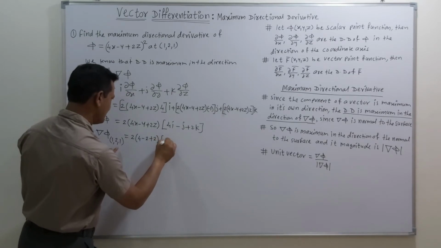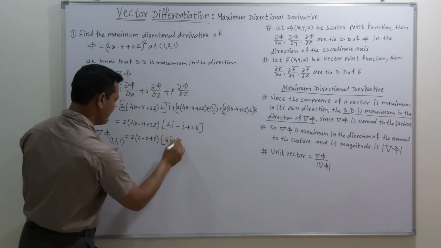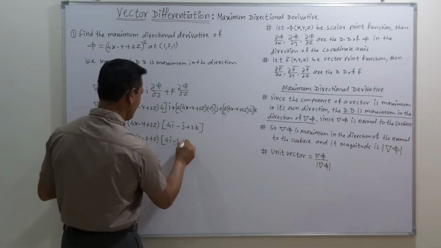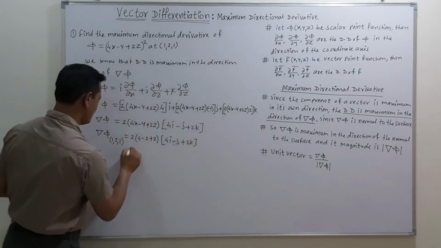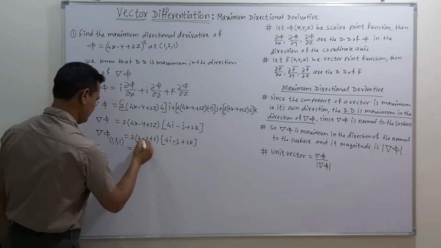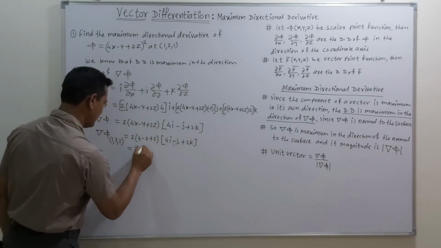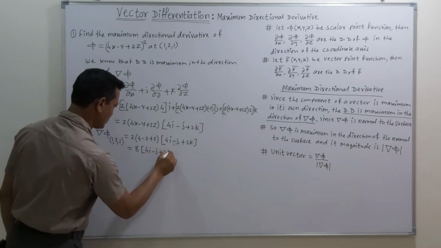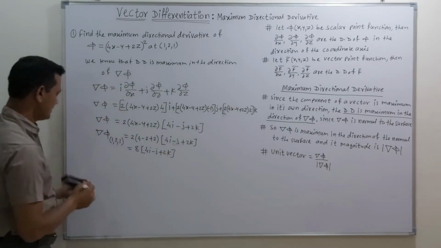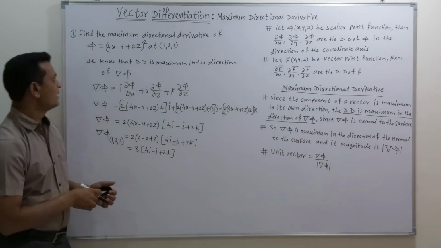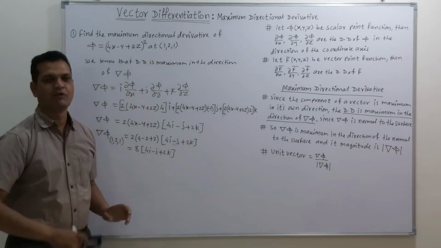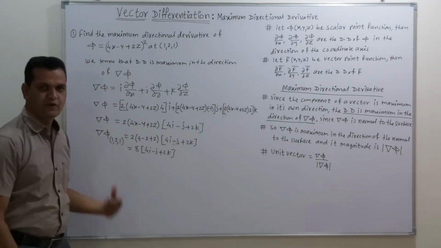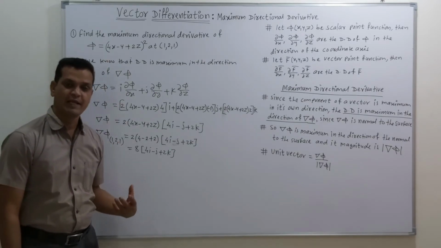Then in bracket we get this as 4i minus j plus 2k. So this is the value of del phi, which is called the maximum directional derivative of the given phi. So this is the first question related to the maximum directional derivative.